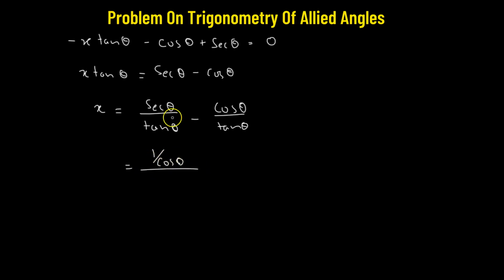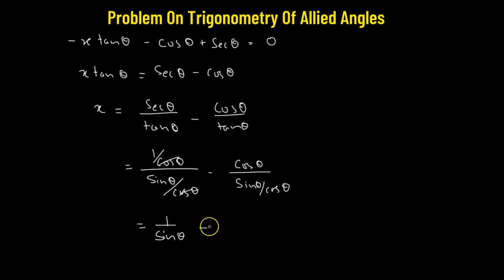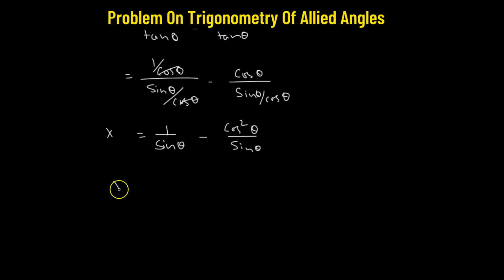So we have 1 over cosine theta in the numerator, and in the denominator we have the ratio sine over cosine theta, minus cosine theta divided by tangent theta, which is sine theta divided by cosine theta. So this now reduces to 1 over sine theta minus cosine squared theta divided by sine theta. So that's x.